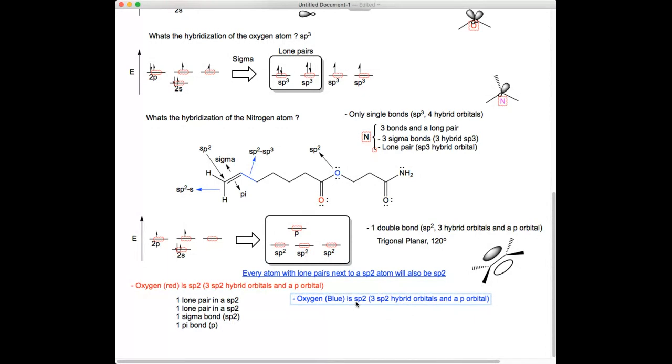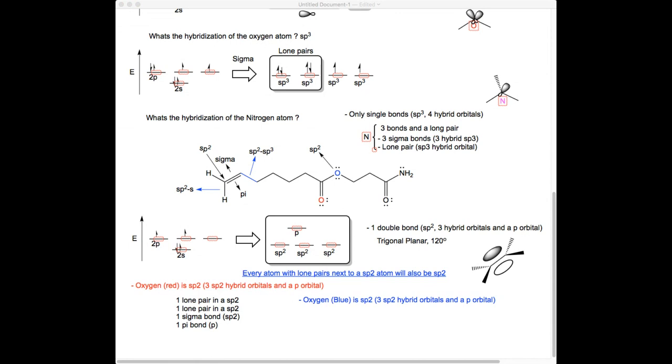The moment I say I'm talking about an sp2 oxygen, I have to think about 3 sp2 hybrid orbitals and a p orbital. So I'm going to ask a question here, and I want you guys to think about the answer.